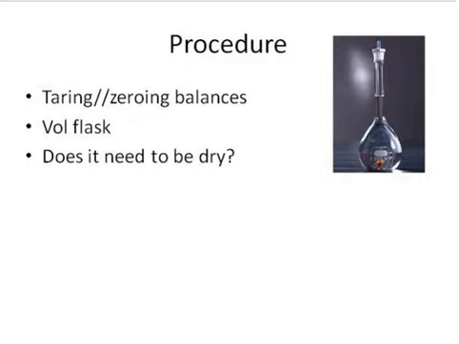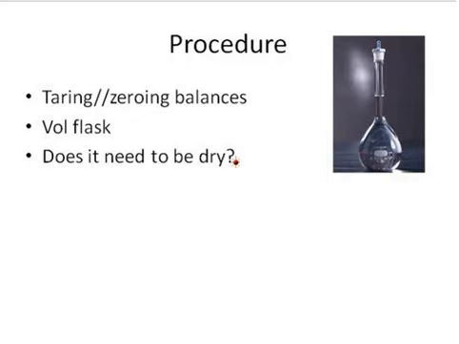Now, we don't really expect the mass of the flask plus stopper to change. And so if you are using the same flask over and over for all of the 5 standard solutions and for the Coke, we don't really expect that mass to change. And if that mass doesn't change, that means you don't have to dry the flask in between each operation. So each time you dump out the solution, rinse out the flask really well to get ready for the next solution.